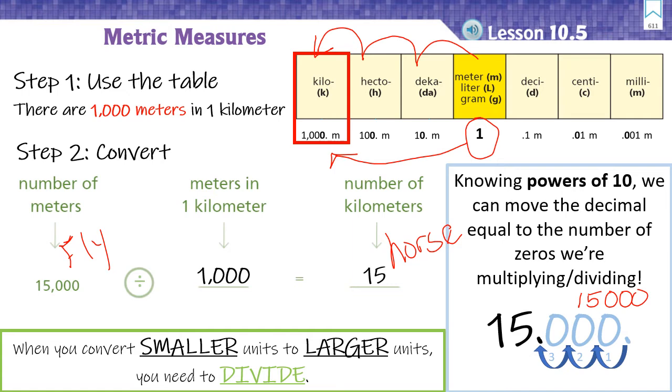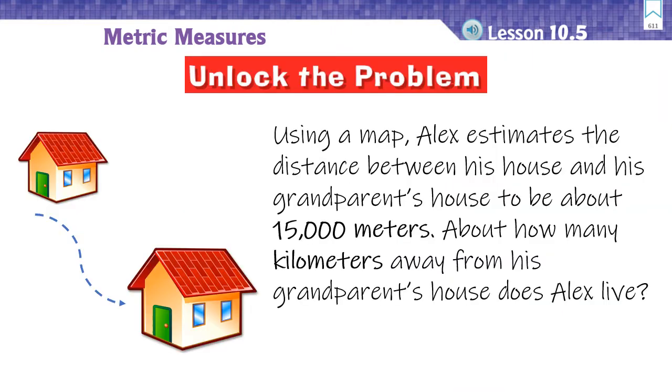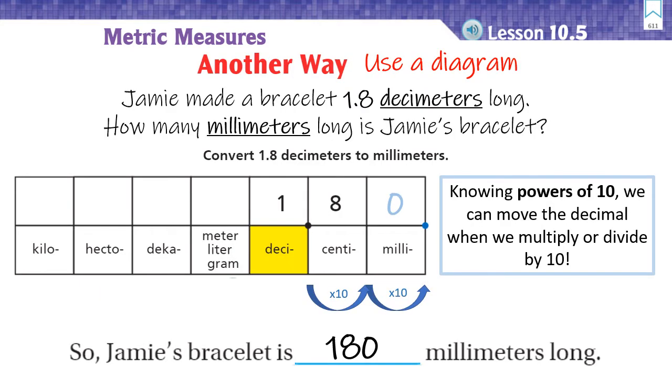So we move our decimal 1, 2, 3 times to the left and plop it down right there. That ends up with the number 15 with a decimal behind it, which you don't need to write if there's nothing behind it. So it's just 15. Okay, so Alex estimates the distance is 15,000 meters. How many kilometers does he live? The answer was 15.